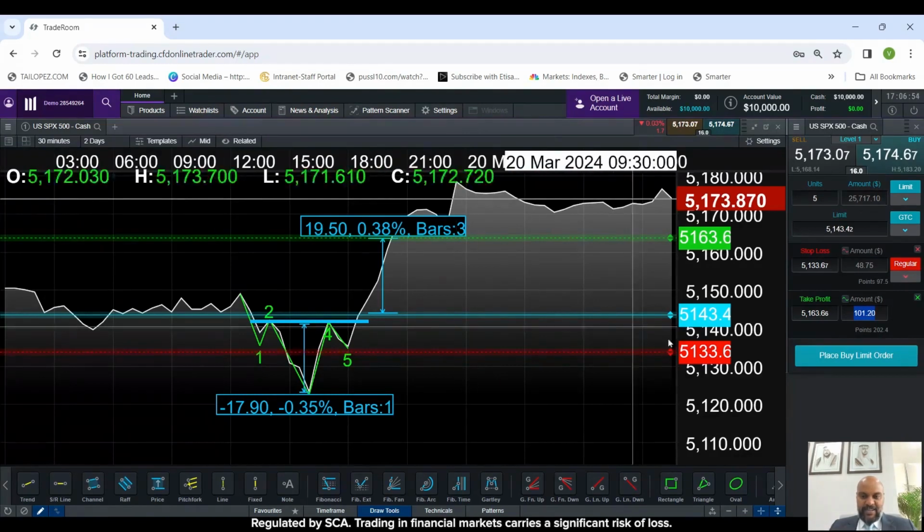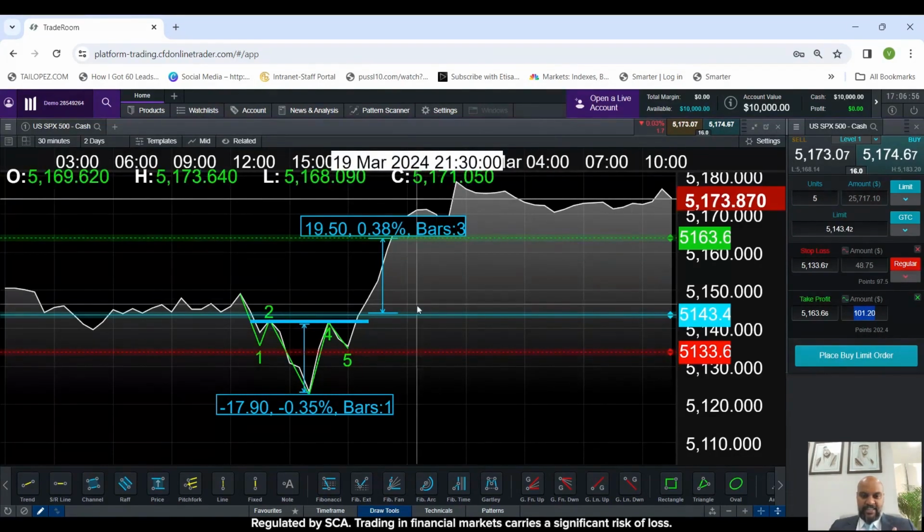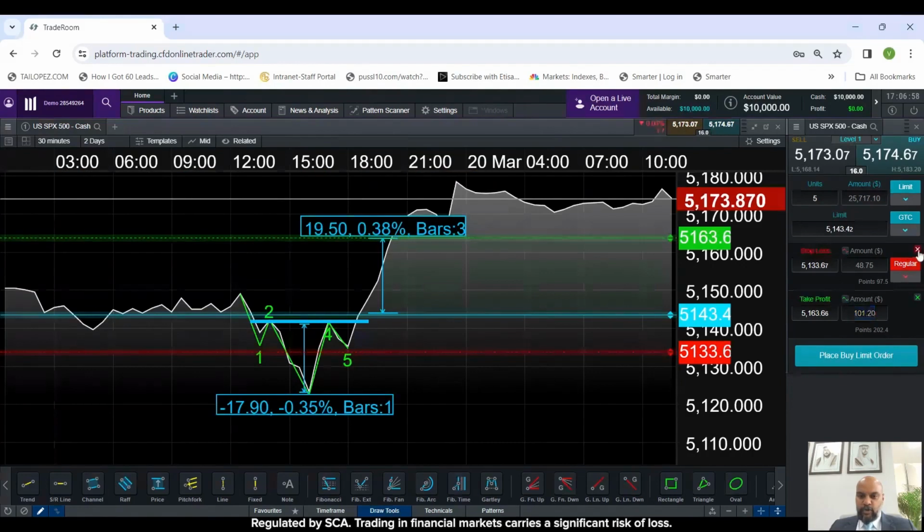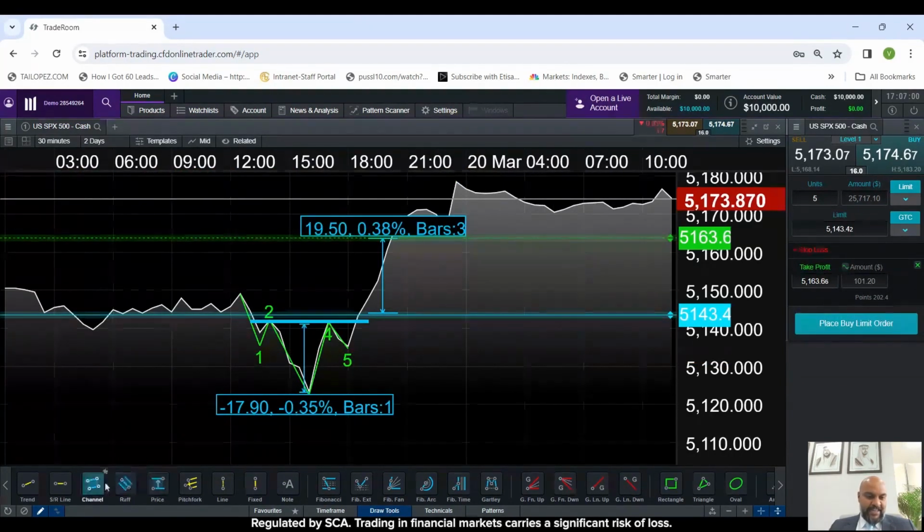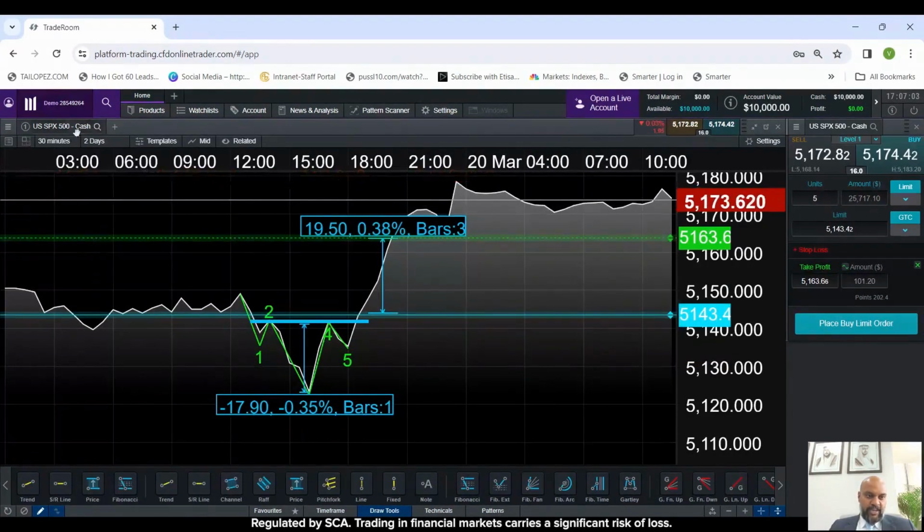Now, let's say I'm confident that the price will go up and I do not keep my stop loss. Because I'm looking at a 30-minute time frame, the prices are sensitive to every news that comes out.